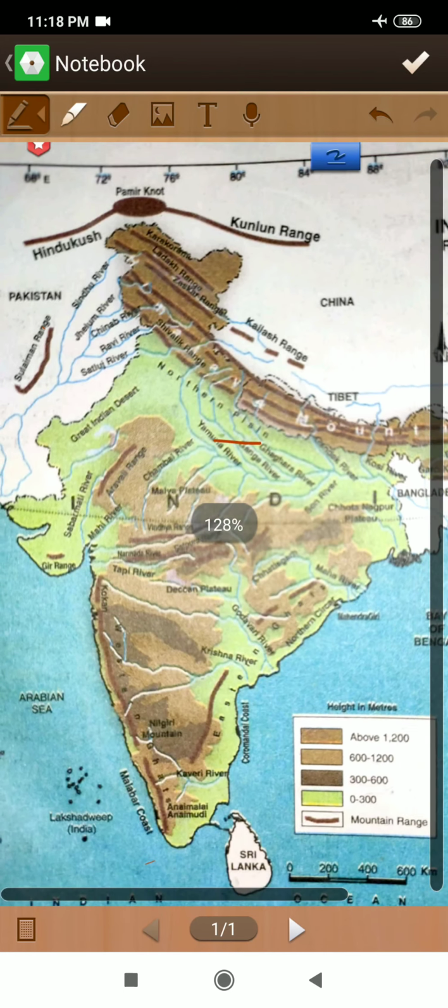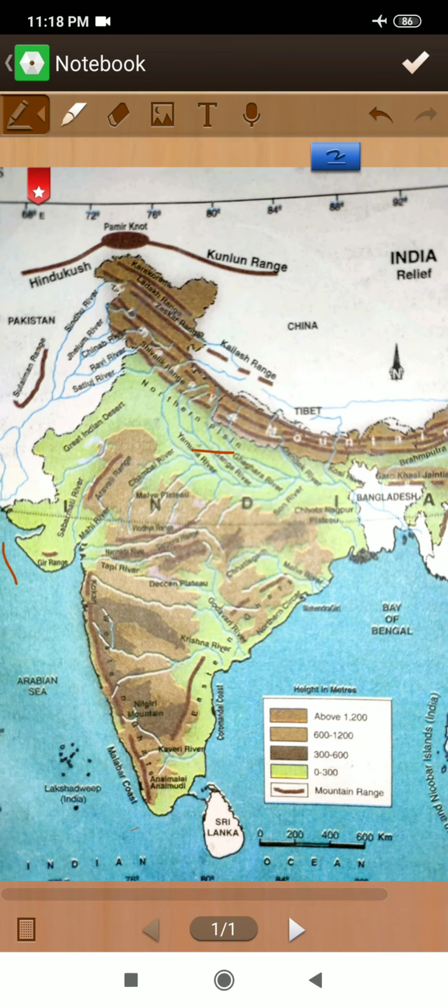Means from here you can see in the image, from Kutch to here, till Odisha. It is surrounded by water, and this area is known as the Peninsular Plateau. There are two types of plateaus, Malwa Plateau and Deccan Plateau. Here we are not discussing what the Malwa Plateau and the Deccan Plateau are; we have discussed that already in the last video.